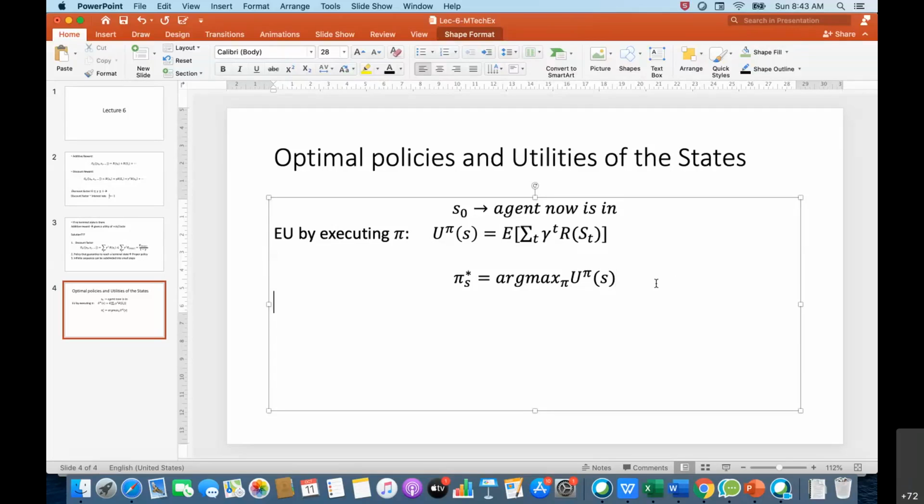So now the fact is that discounted utilities with a finite horizon depend on the optimal policy, which is independent of the starting state. That is, if we are computing the discounted utilities in the finite horizon, then the optimal policy that we are going to have is independent of the starting state. How?